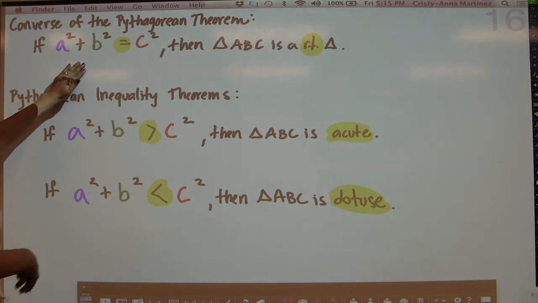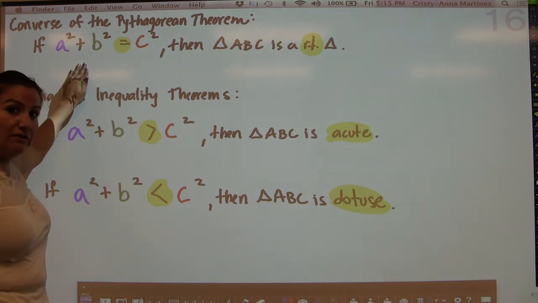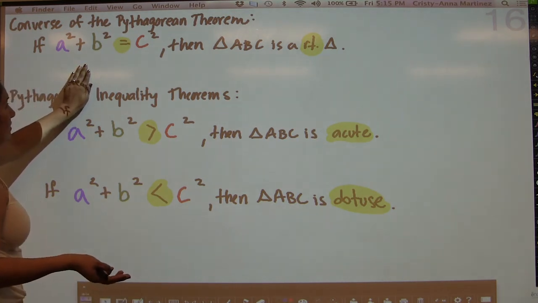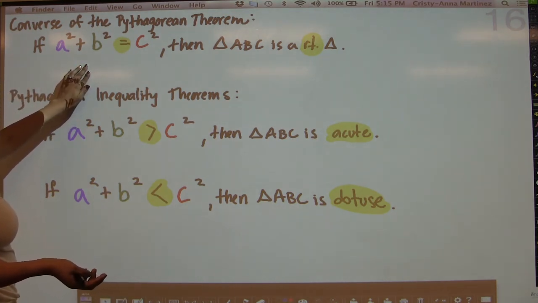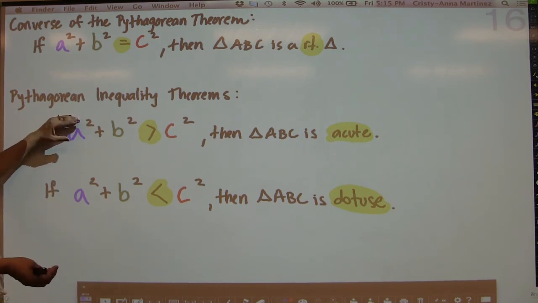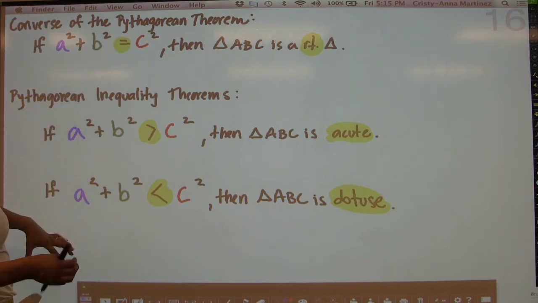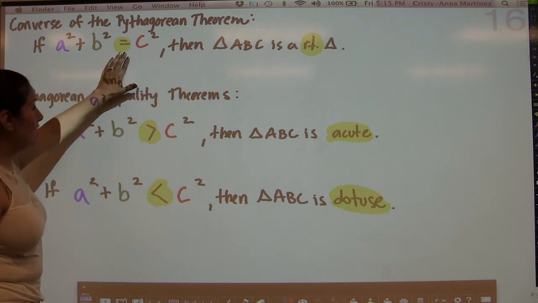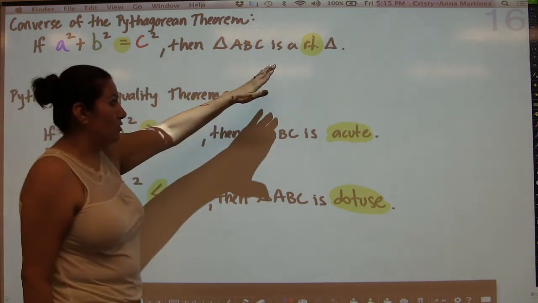So another way that we can use this is because we can use it to classify triangles. If I give you 3 different lengths, you can tell me if it's a right triangle, and thanks to the Pythagorean inequality theorems, which there's 2 of them, so we have them all here on the same slide, and I've kind of highlighted if a squared plus b squared equals c squared, then you know it's a right triangle.